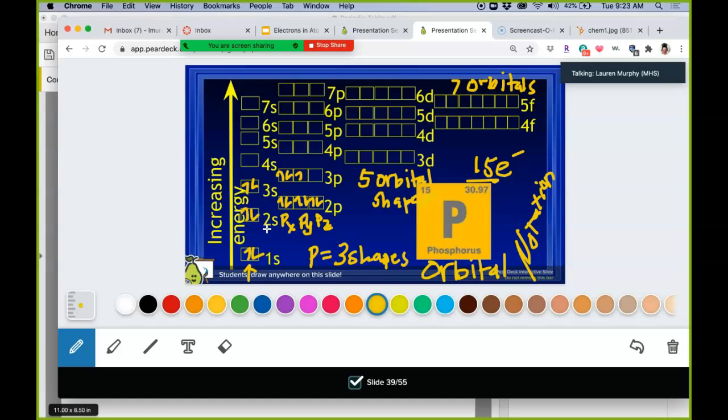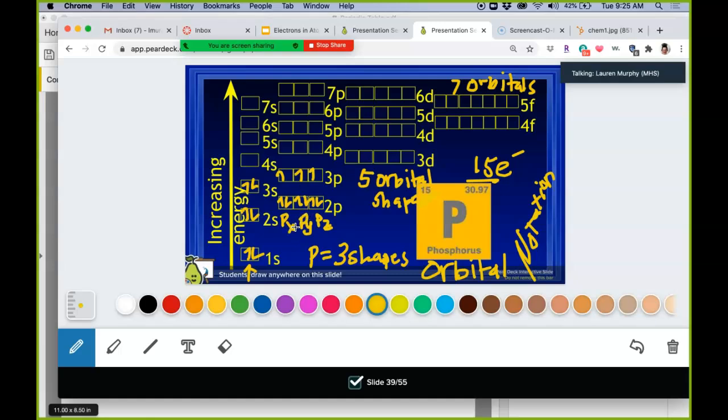Is this correct? I'm going to tell you this is wrong. Why is this wrong? You do not pair electrons up until you absolutely have to. They do not want to be next to each other. So this is 2, 4, 6, 8, 10, 12, 13, 14, 15 electrons. This is the orbital notation for phosphorus.